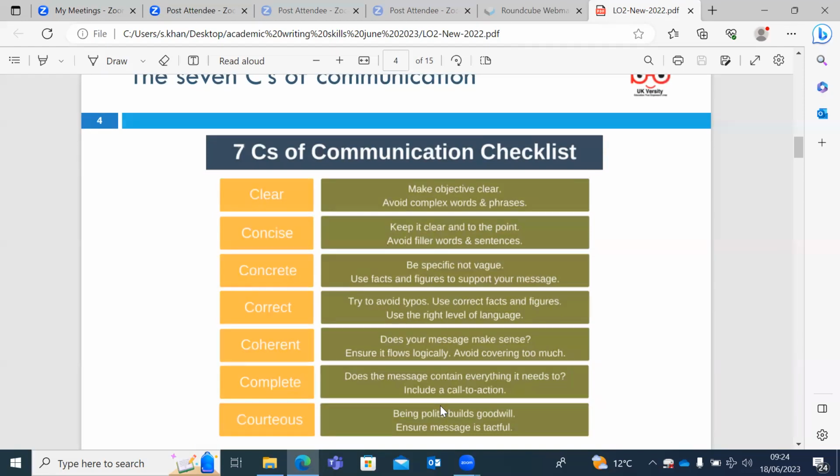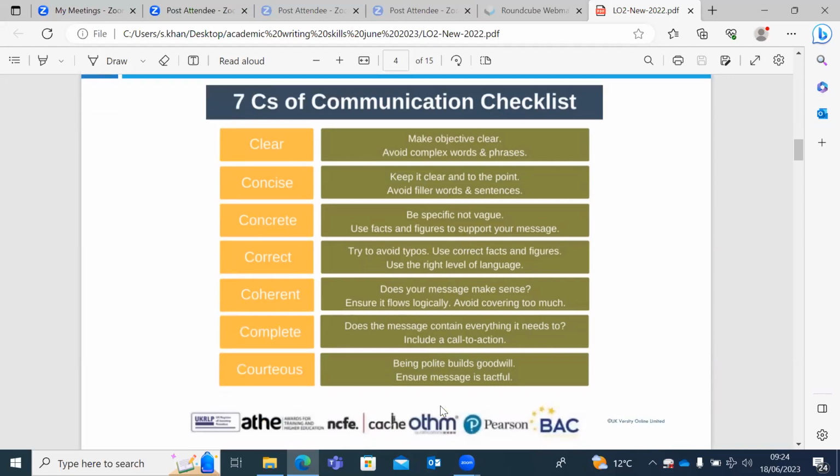Concise, so keep it to the point and avoid filler words and sentences. Concrete, so it needs to be specific, not vague; use facts and figures to support your messages. Correct, so try to avoid typos, use correct facts and figures, and use the right level of language, because certain people understand a certain level of language.